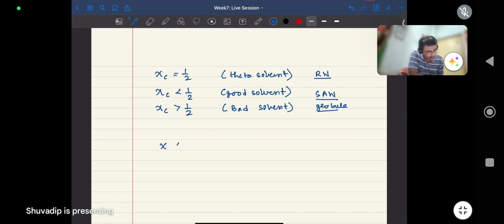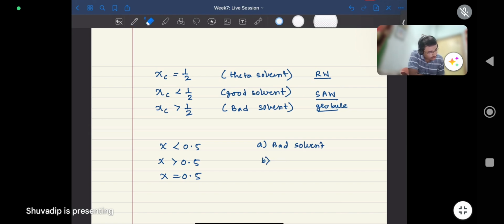Chi less than 0.5, chi greater than 0.5, chi equal to 0.5; A: bad solvent, B: theta solvent, C: good solvent. So you have to just match which condition matches what.